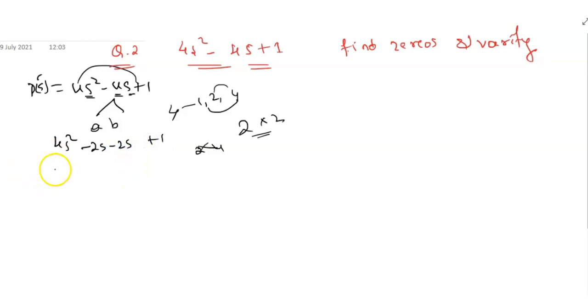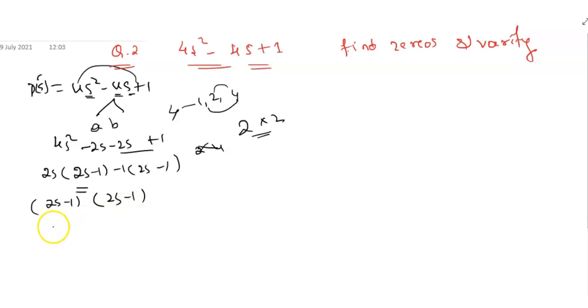If I take 2s common here, I will get 2s minus 1. In this, if I take minus 1 common, here also I will get 2s minus 1. So 2s minus 1 is common, and taking it common, again I will get 2s minus 1. So if I equate with 0, I will get 2s minus 1 is equal to 0.